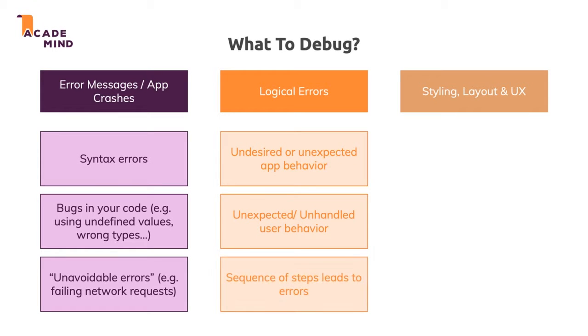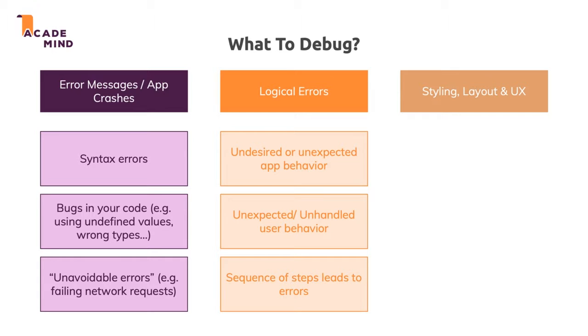So that maybe the users followed a certain sequence of steps that leads to a logical error. Maybe some input is missing at some point and you're not checking for this input to be set, and therefore with that not being set, you can cause another issue or go into another error, something like that.